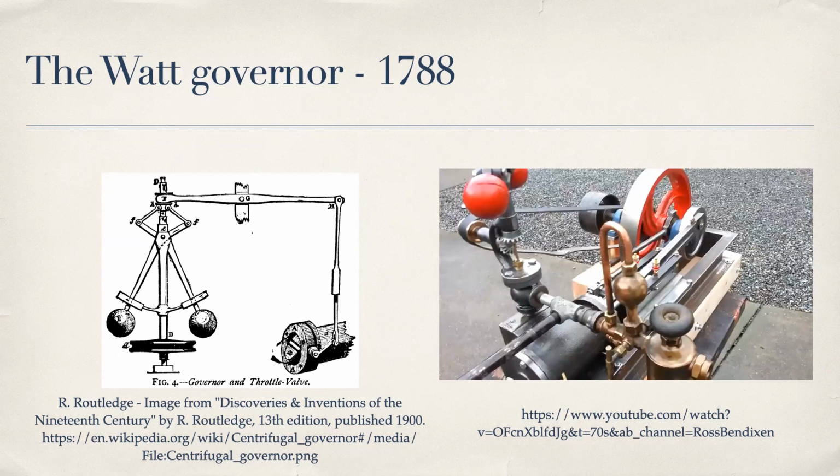This thing will start rotating, and the more it rotates, the more the two balls gain momentum and go up, and the more it then tries to shut down the exhaust for the steam, which will slow down the engine. So it's trying to find the optimal output of steam that can keep the fly balls rotating at a constant speed. Constant speed of the fly balls equals constant output of steam.